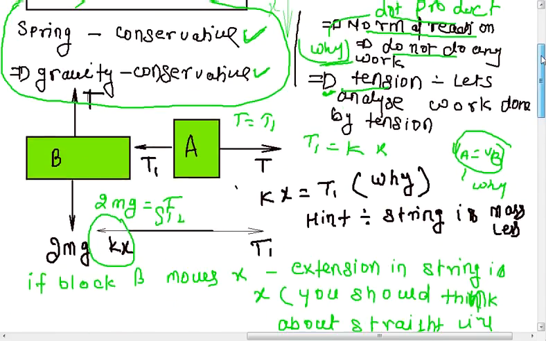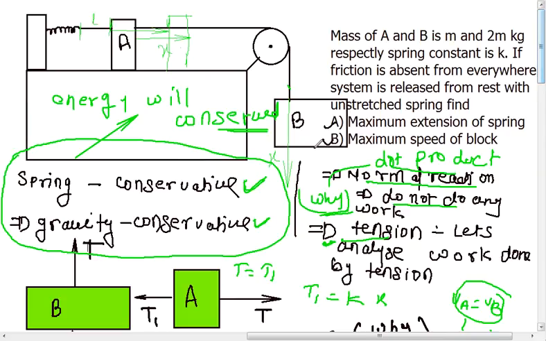Let's assume at this point the gravitational potential energy is going to be 0, and when the spring is in a stretched state, its potential energy is going to be 0.